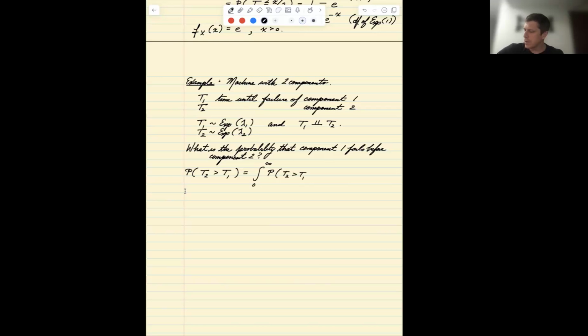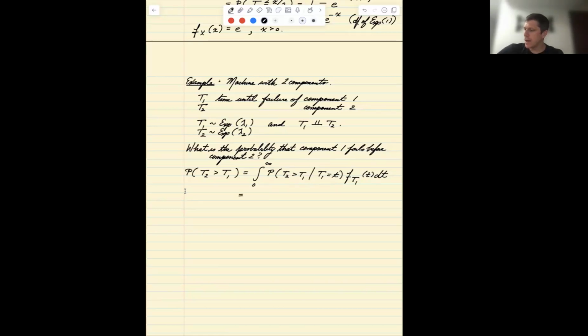So the probability that T2 is bigger than T1 is the probability that T2 is bigger than T1 given that T1 is a specific value, times the probability that we approximate as f(t)dt, right? And we're doing this in infinitesimal terms.